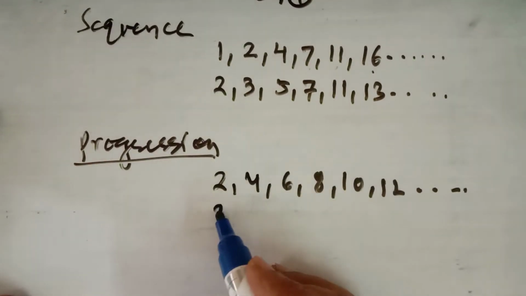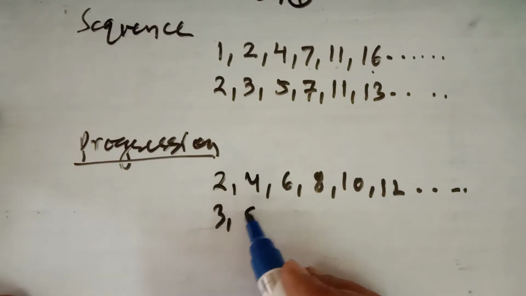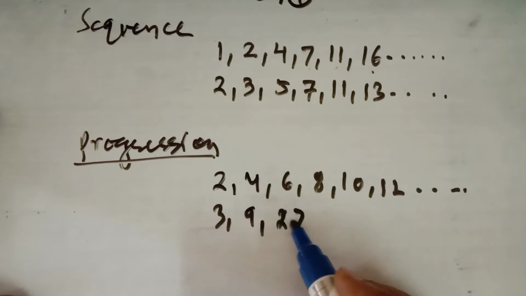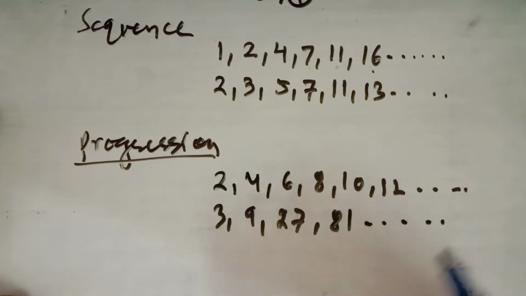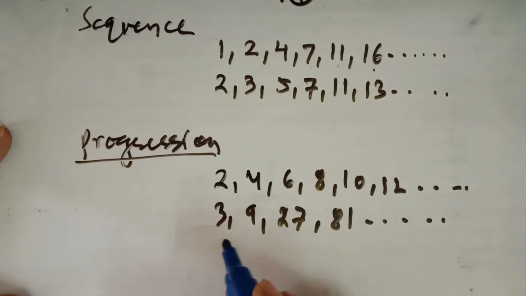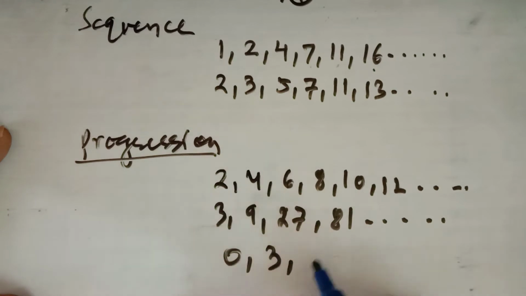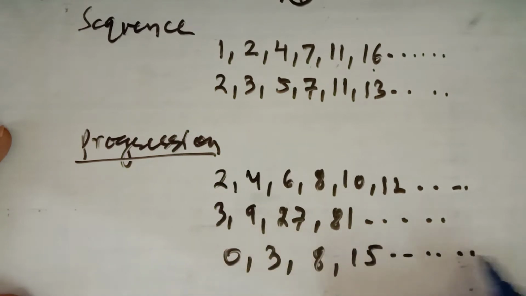Let us take 3, 9, 27, and 81, and so on. Let us take 0, 3, 8, 15, and so on.